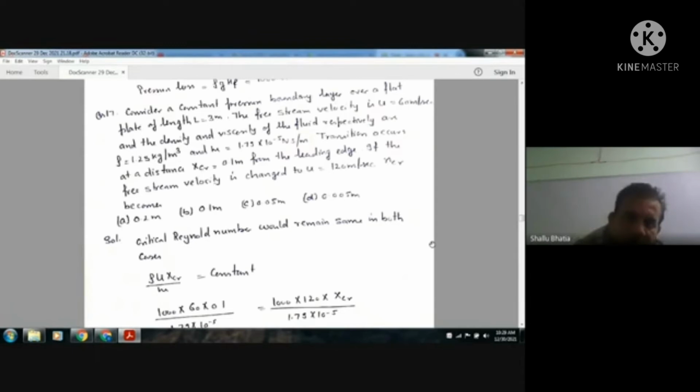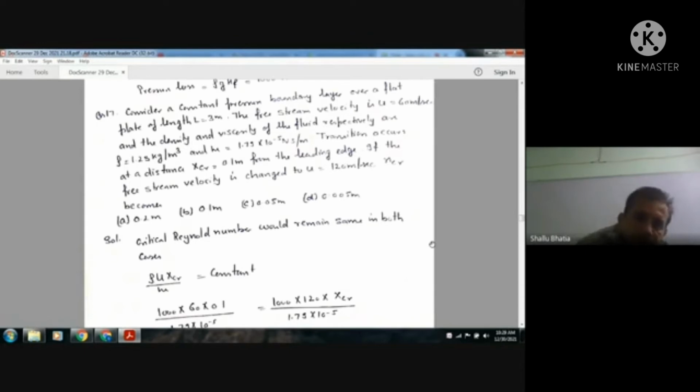Transition occurs at a distance xcr equal to 0.1 meter from the leading edge. If the free stream velocity is changed to u equal to 120 meter per second, the xcr becomes option A 0.2 meter, option B 0.1 meter, option C 0.05 meter, option D 0.005 meter.